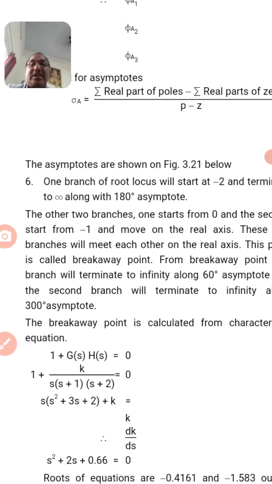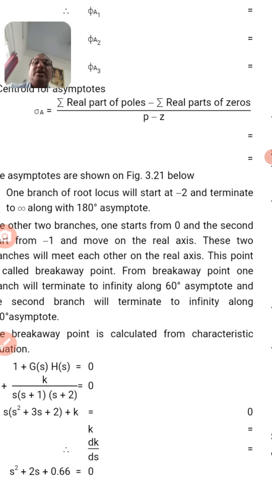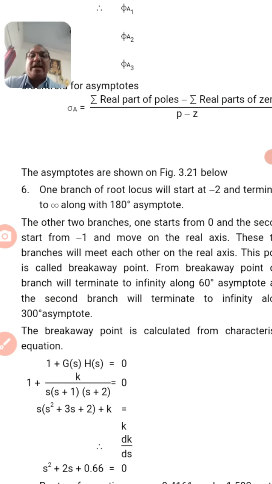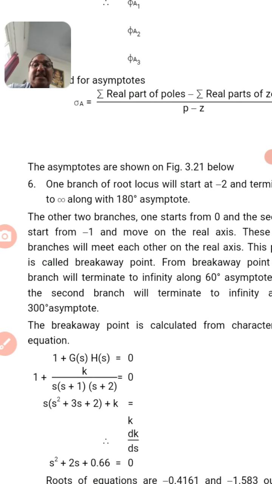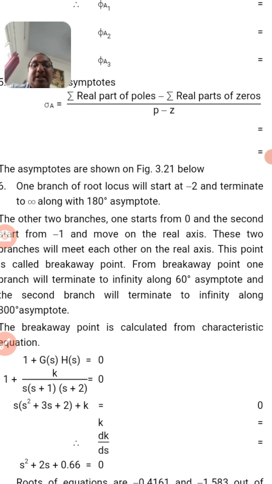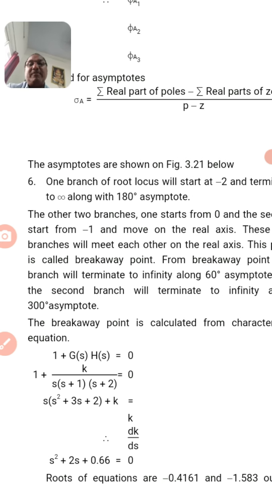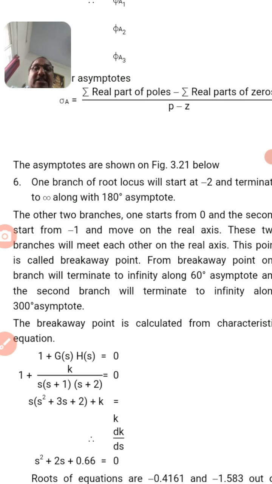Now we can say that one branch of the root locus will start at minus 2 and terminate at infinity along the 180 degree asymptote. Of the other two branches, one starts from 0, that is, pole P1 starts from 0, and the second pole P2 starts from minus 1 and moves on the real axis.